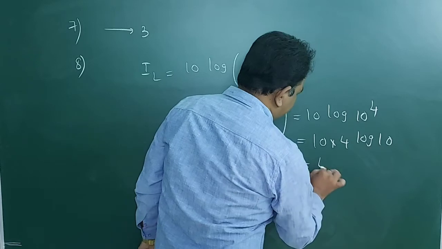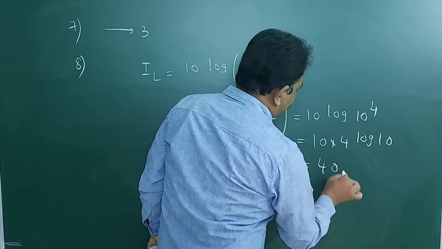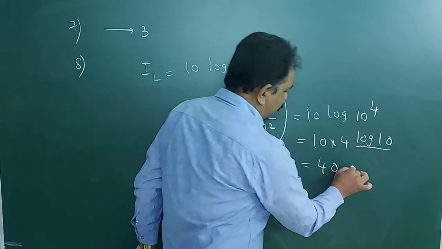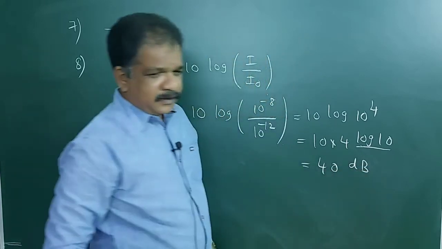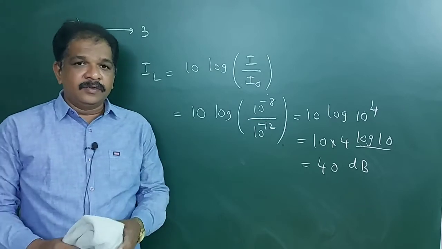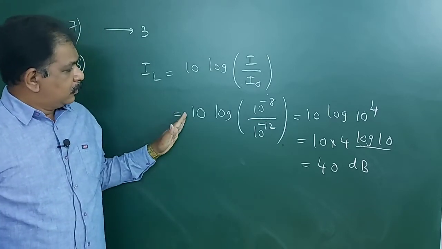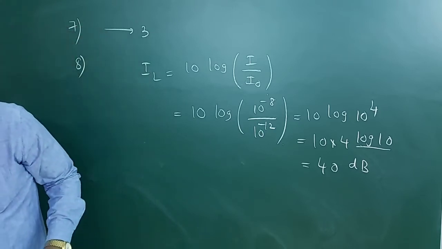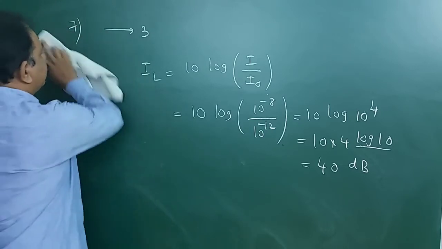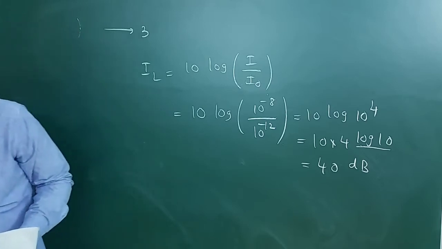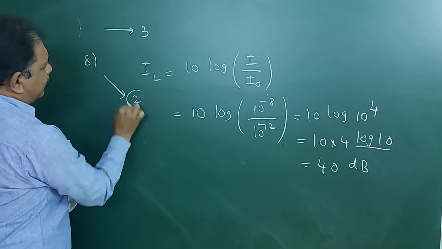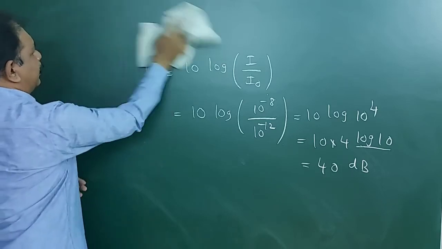Log 10 will be 1, so this will be 40, and the unit will be decibel. This is now not there according to the new syllabus. You prepare this question. Next, ninth question. So for the eighth question, what will be the option? Second option. Next, ninth one.